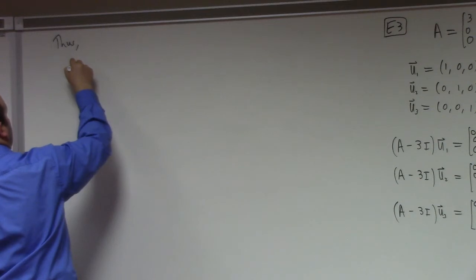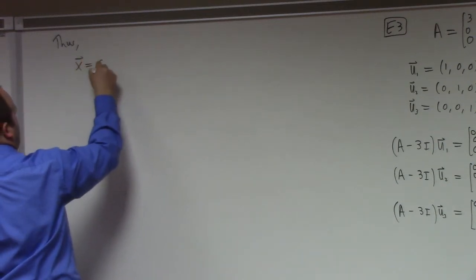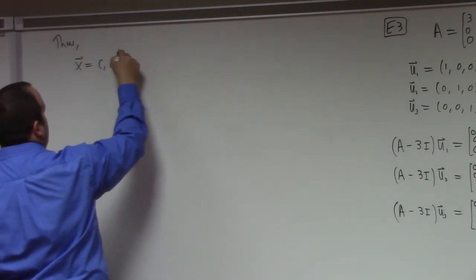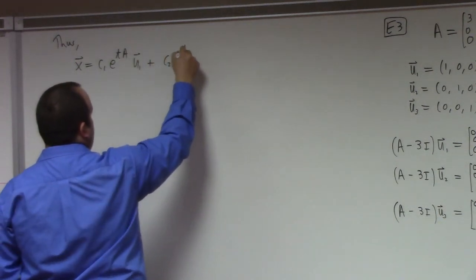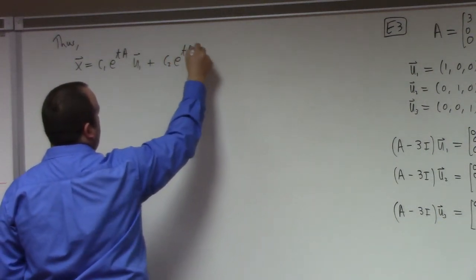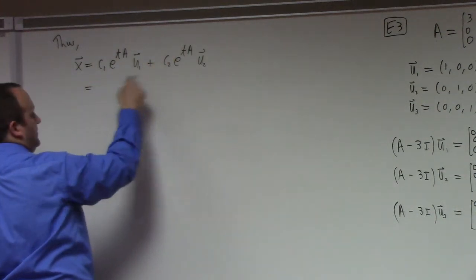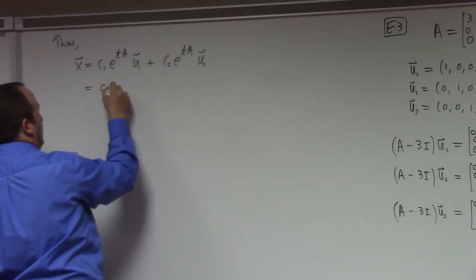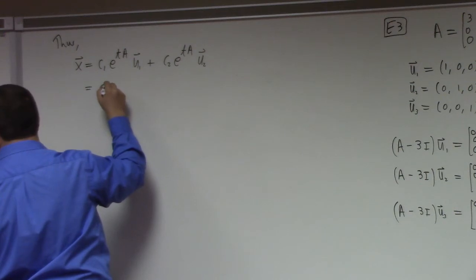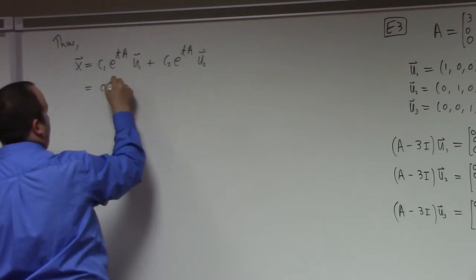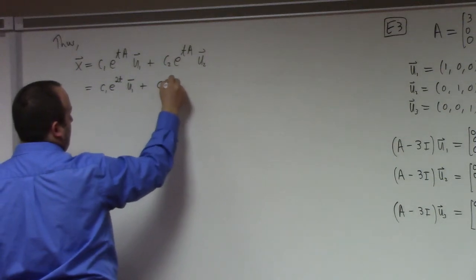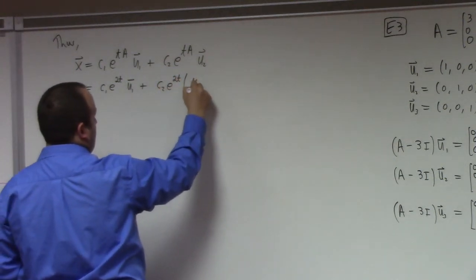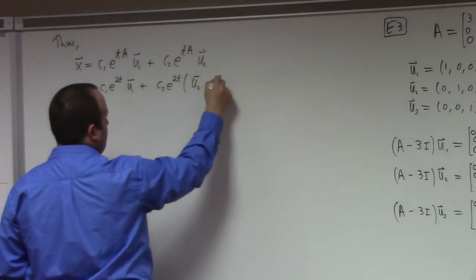So x equals c1 e to the tA u1 plus c2 e to the tA u2. And when you do the magic formula, what you're going to get is c1 e to the 2t u1 plus c2 e to the 2t times (u2 plus t times u1).